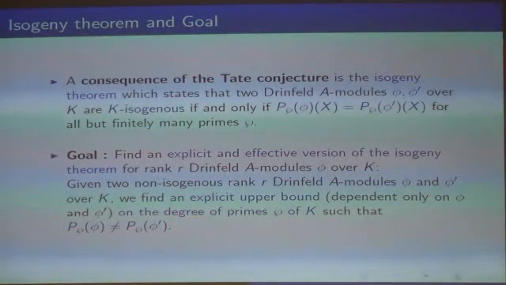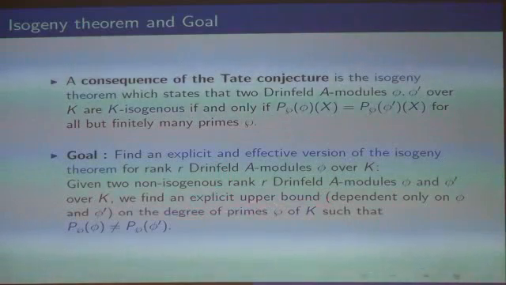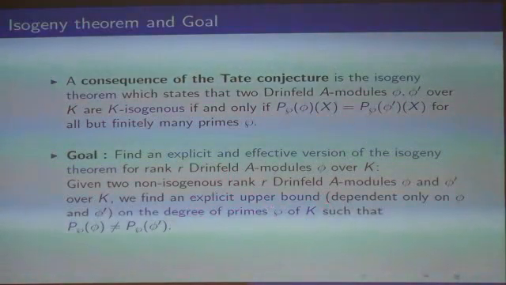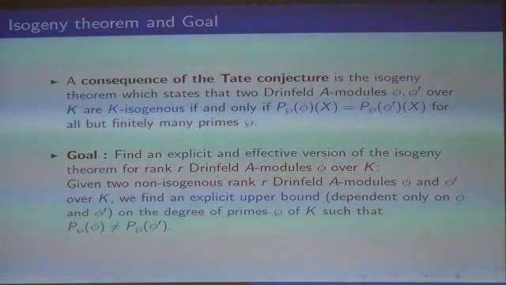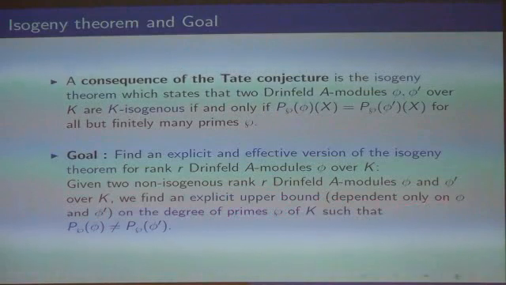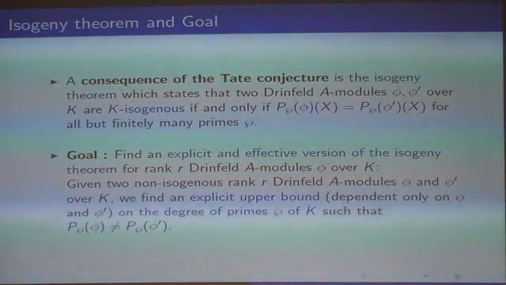Then we want to find the, I should say, not smallest, what is the degree of the primes P? What is the really explicit upper bound? That will depend only on phi and phi prime.